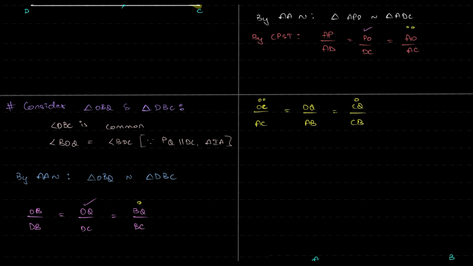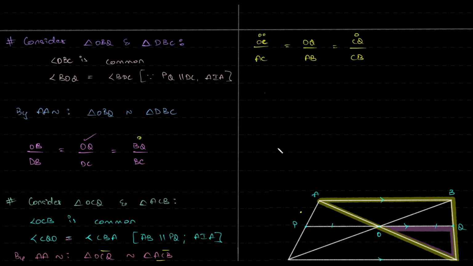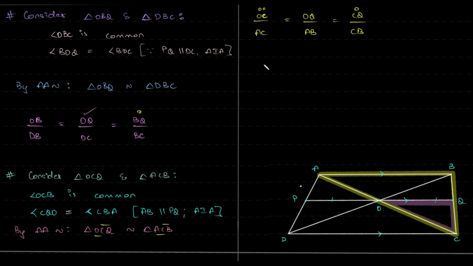Let's consider these two expressions. We have OC by AC is equal to CQ by CB. So what is the math that we have to do? I think we should subtract in this manner.